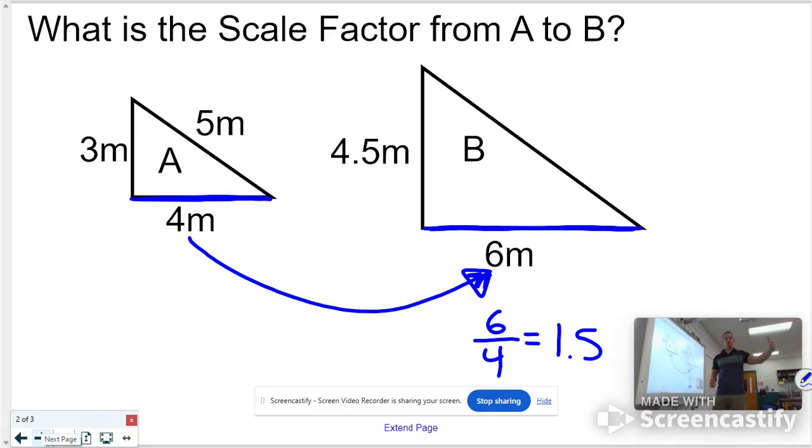It's the same as 3 halves. That's what you would get if you simplify it. So that means the base is multiplied by 1.5, which also would mean that the height would have to be multiplied by 1.5.